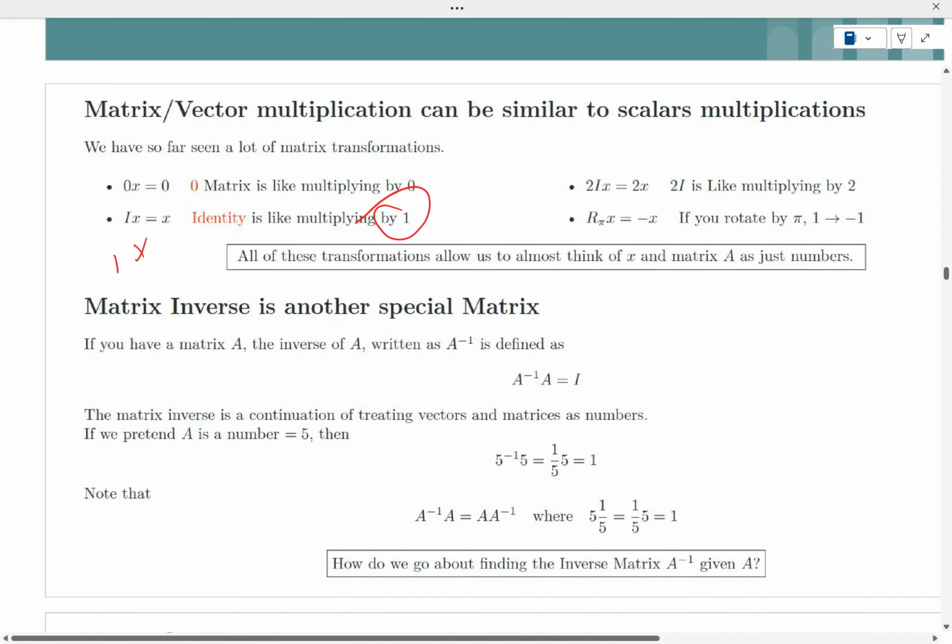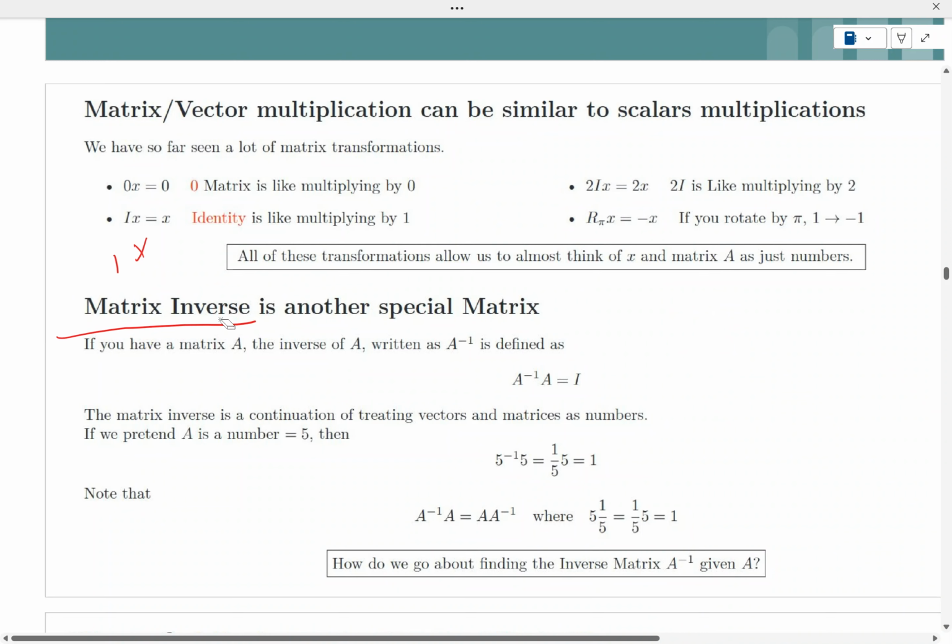All of these transformations allow us to almost think of x and matrix A as just numbers. So like 1, right, times some kind of number matrix. So you can think of A as almost like a number because there are so many similarities. Well, there's another special matrix we're going to learn today, and that is called a matrix inverse.